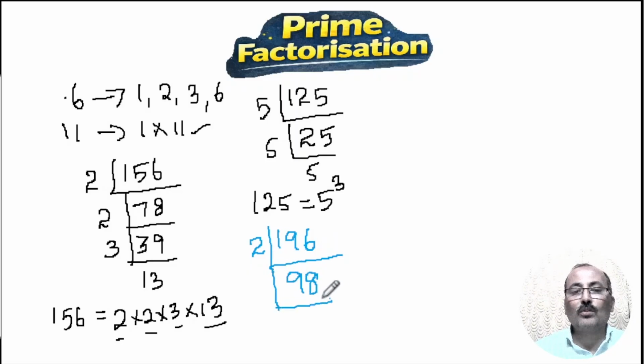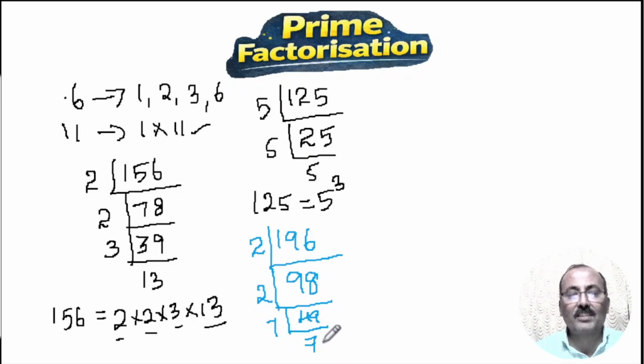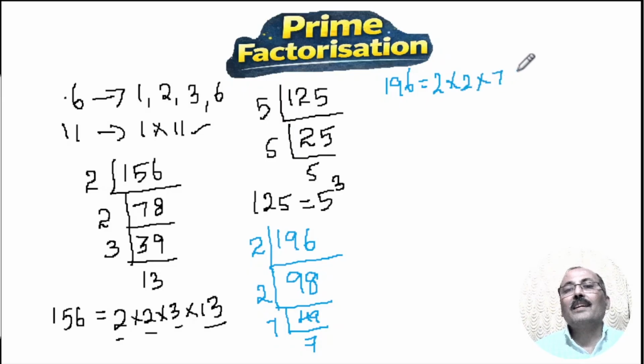Yes, again with the 2, it is 49. Again with the 2, no chance. Then with the 7 table only, as we know. You are in 8th standard, you should know these tables very clearly. 7 sevens are 49. Now, 196 is written as 2 into 2 into 7 into 7.